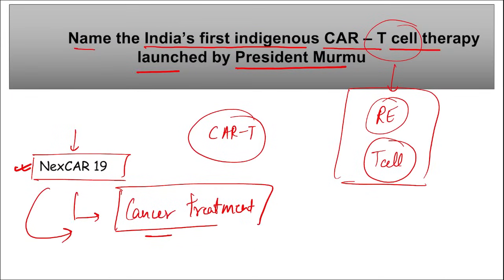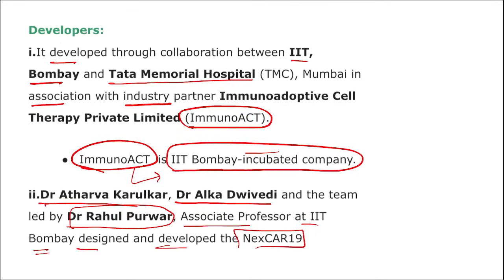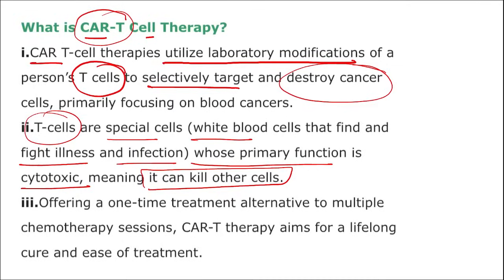It was a cancer treatment, and it was launched where? At IIT Bombay, and it was developed together by IIT Bombay and TMC along with ImmunoACT, an incubated company of IIT Bombay. Apart from this, in foreign countries this CAR T cell therapy costs close to 307,000 US dollars, but this treatment is 90% cheaper in India. Correct? It is priced between 30,000 and 40,000 US dollars.